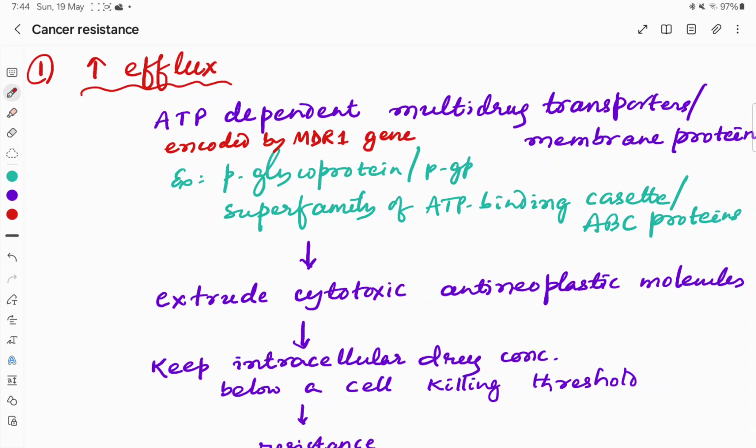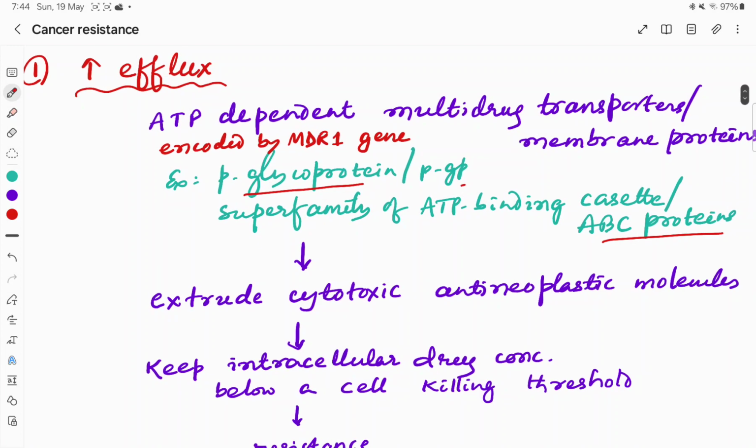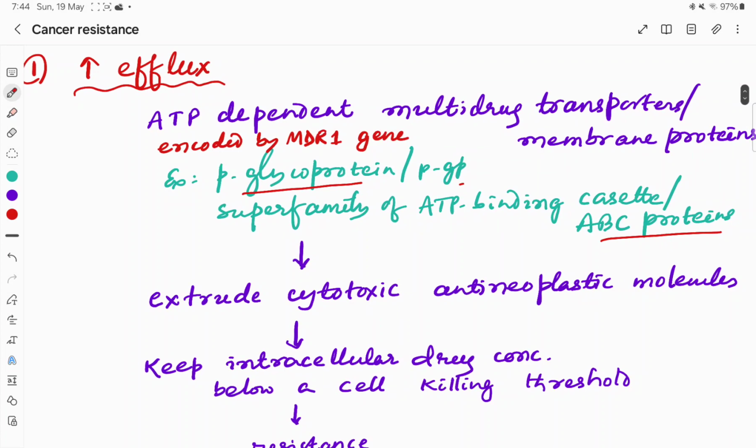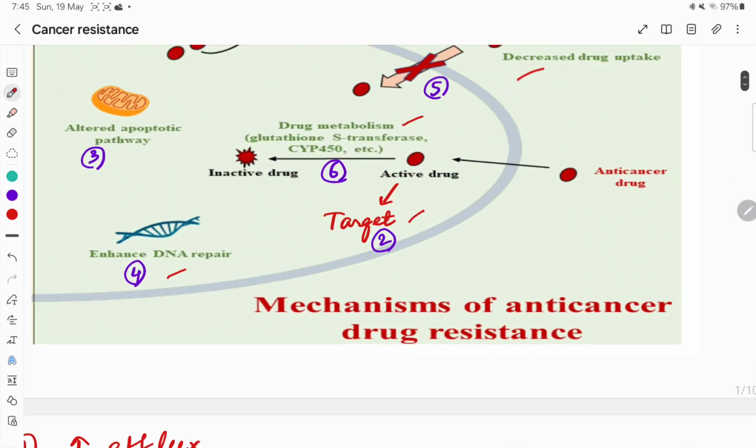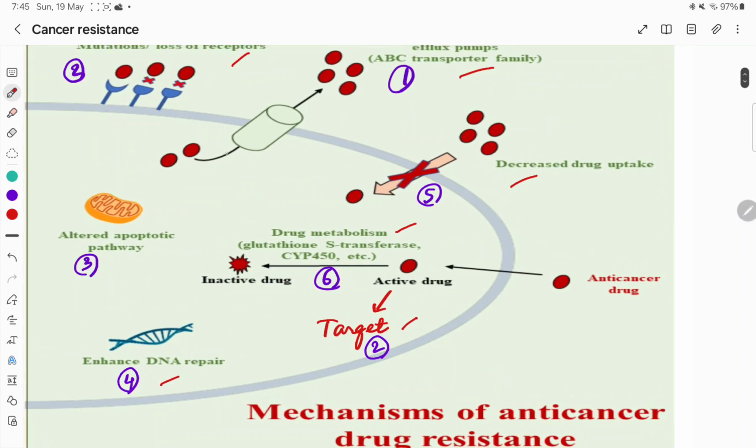So this efflux is done by a superfamily of ATP binding cassette, ABC proteins, or P-glycoprotein, PGP. So when there is expression of ATP dependent multidrug transporters or membrane proteins encoded by multidrug resistance 1 gene, they will cause the efflux of the drug from inside to outside the cancer cell.